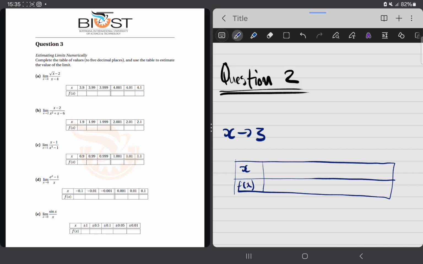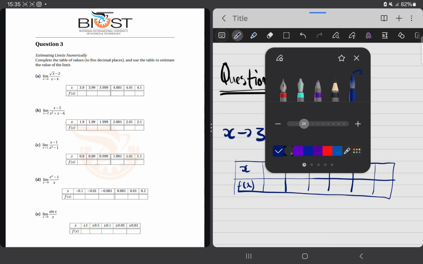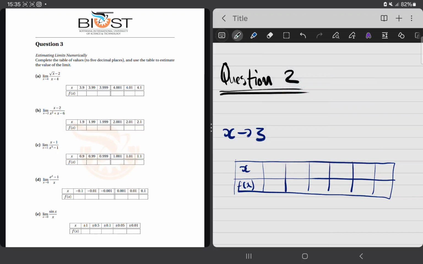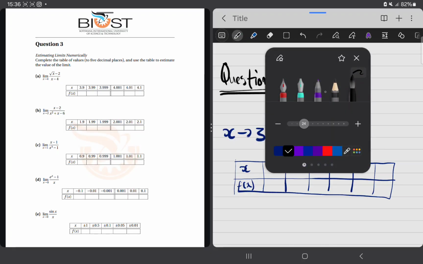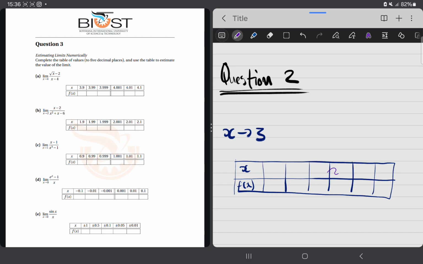Then we are going to have 6 columns, with values 1, 2, 3, 4, 5, and 6. So what I'm going to put in my columns is values.